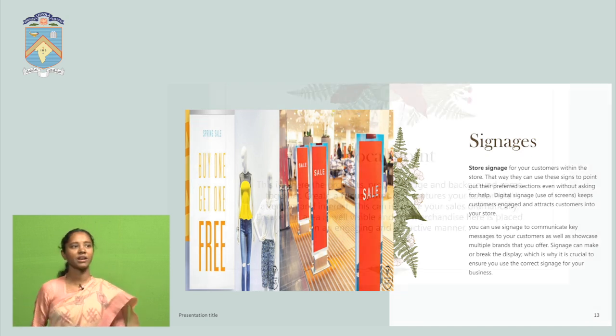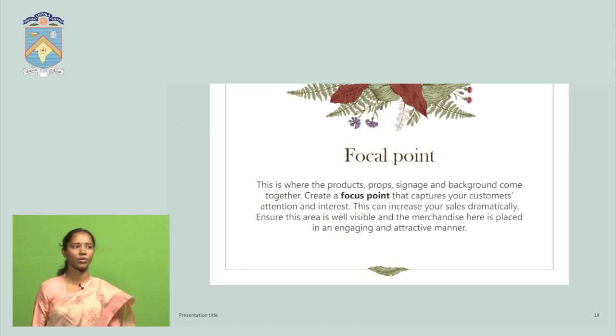So next, coming to focal point. What is a focal point? A focal point is the place, like a center of attraction, where customers have to be very focused, and where we can catch the attention of the customer.